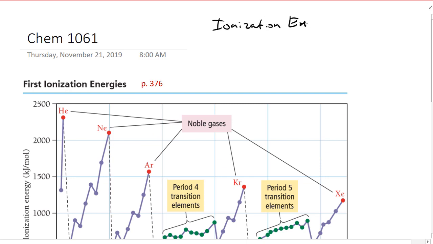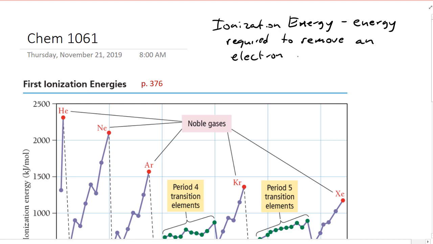We define the ionization energy as being the energy required to remove an electron from an atom in the gaseous state. It's the energy required to remove an electron from an atom in the gaseous state.